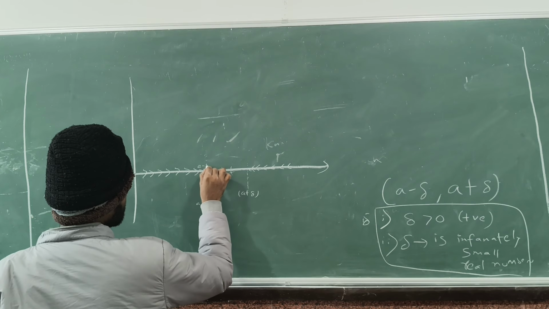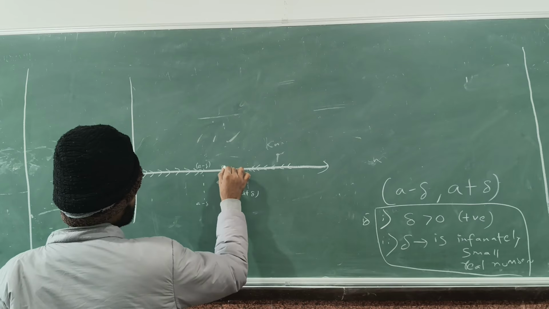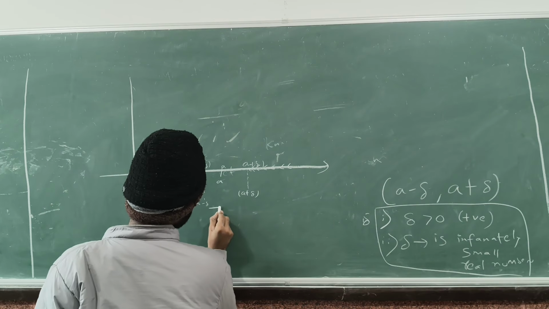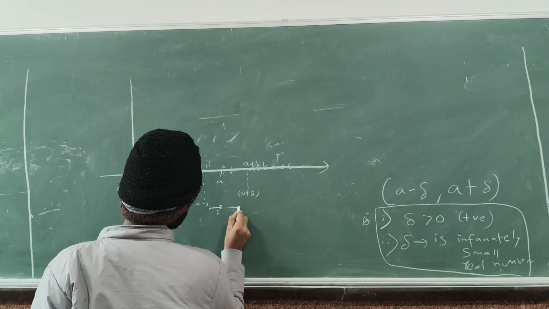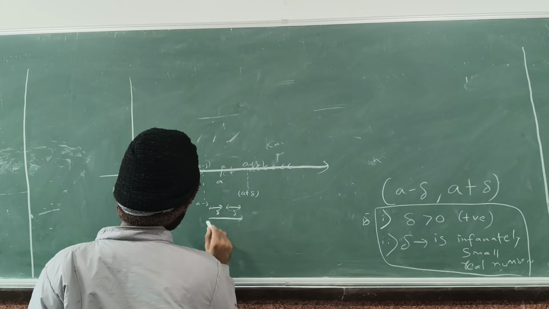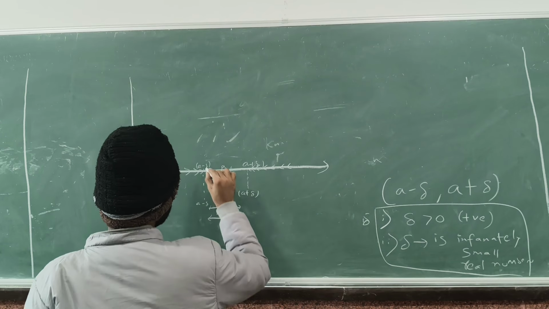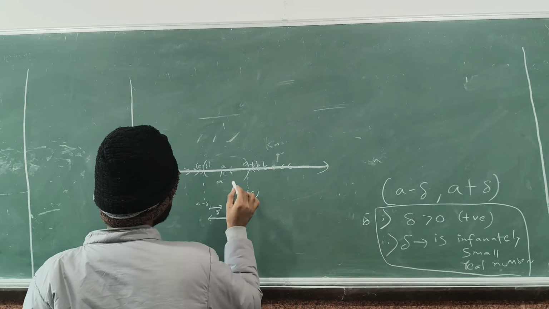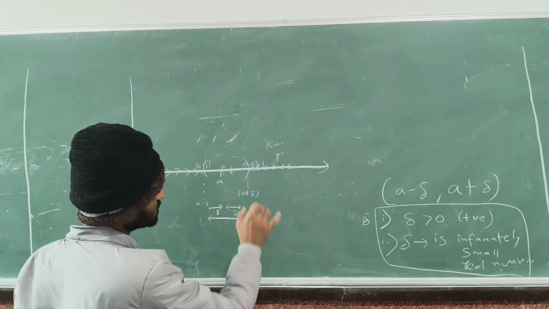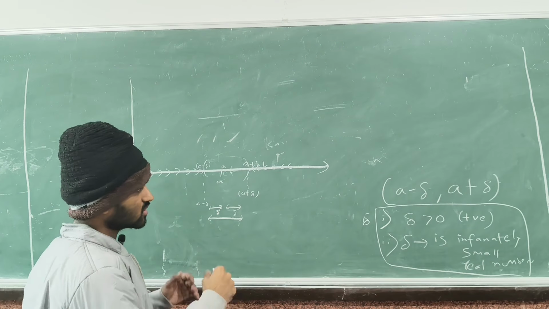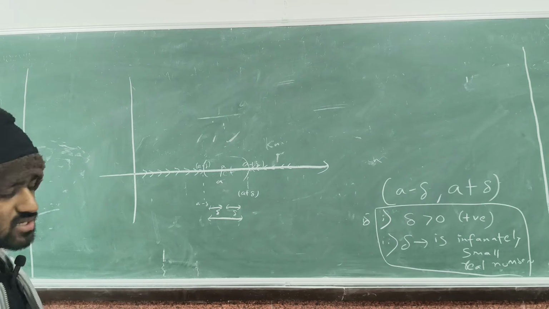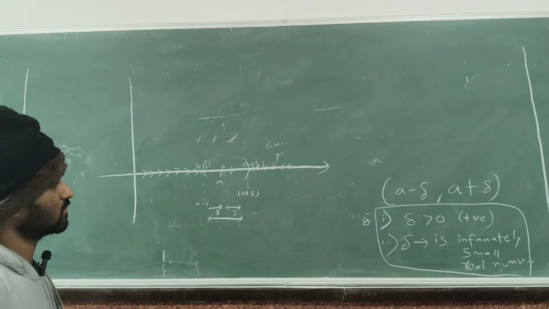This distance is delta, this distance is delta, and delta is a real number. This is the interval I assume I can keep A in. If you zoom in on this, you will still get an infinite number of real numbers, and that's why delta is very, very small.